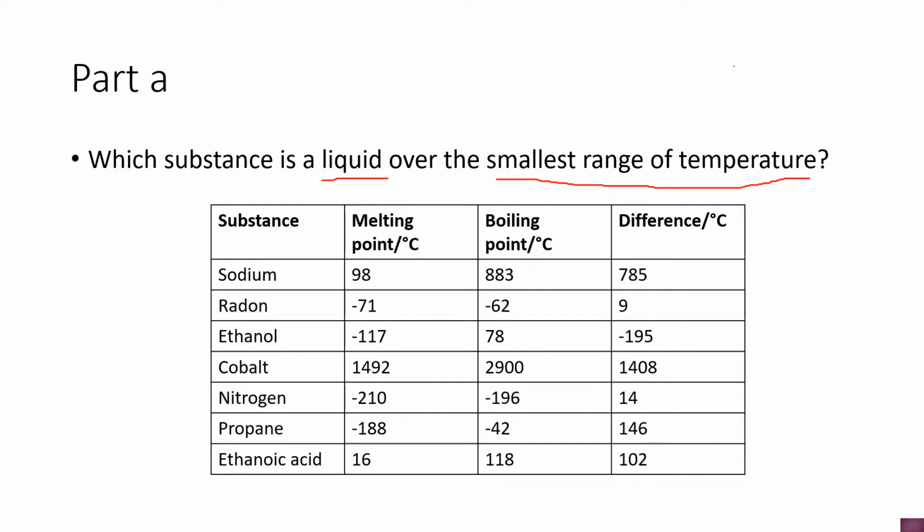So now we have to determine which substance is liquid over the smallest range of temperature. To determine the smallest range of temperature, you can do an easy calculation by calculating the difference between the boiling point and the melting point. So I have calculated the difference here. As you can see, it is boiling point minus melting point, or melting point minus boiling point, anything is fine.